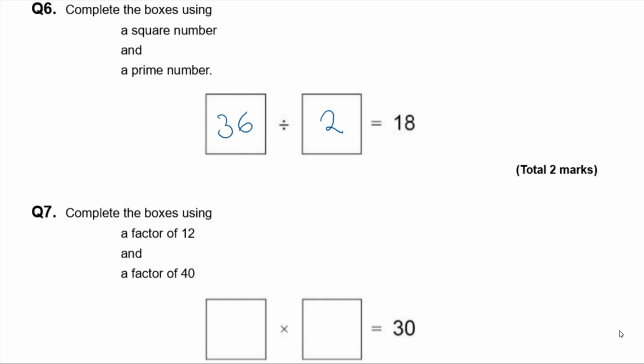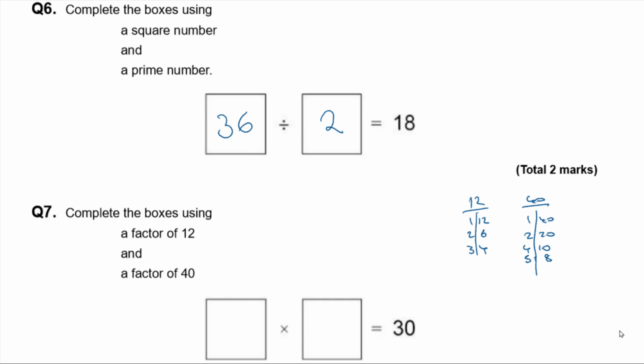Question 7, complete the boxes using a factor of 12 and a factor of 40. So factors of 12, what are the factors of 12? 1 and 12, 2 and 6, 3 and 4. Factors of 40, 1 and 40, 2 and 20, 3, no, 4, yep, 4 and 10, 5, yep, 5 and 8, 6, no, 7, no, and then I've met myself coming down the other way, so that's all of them.